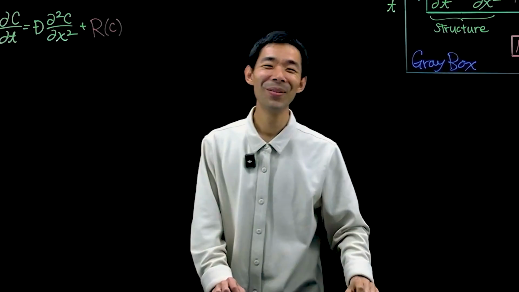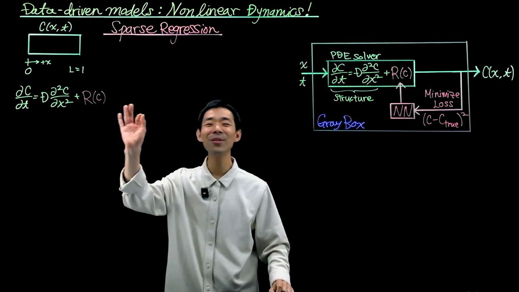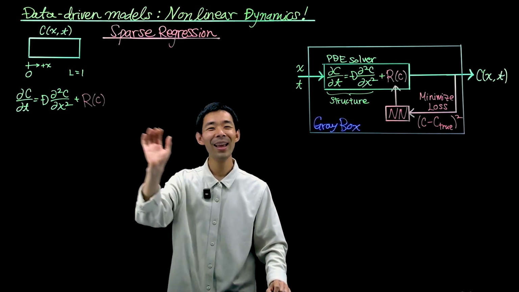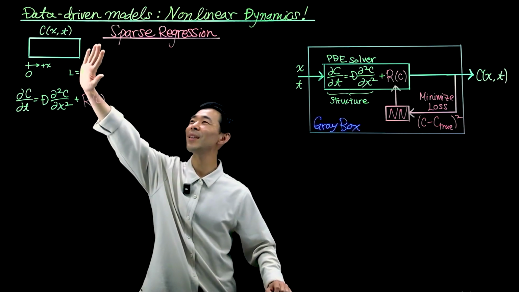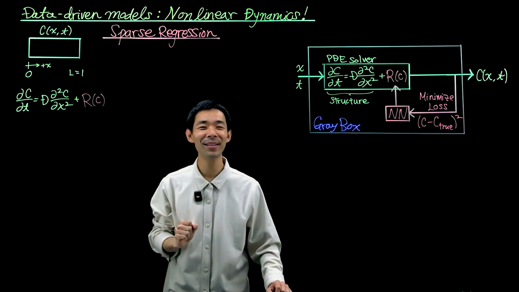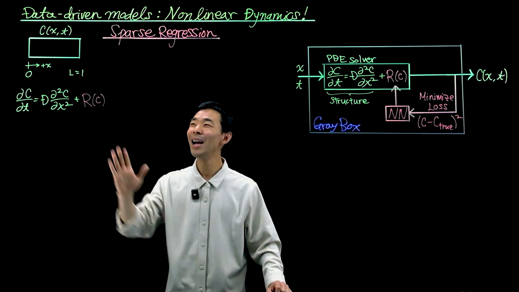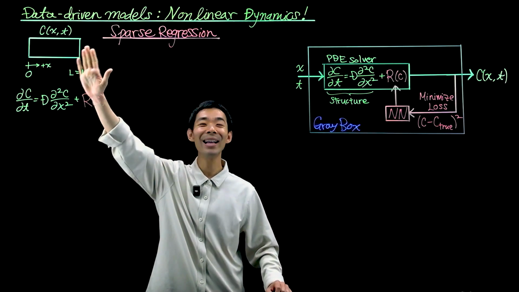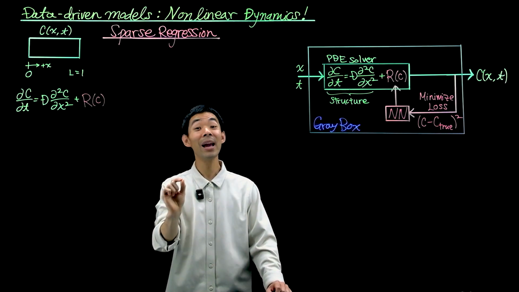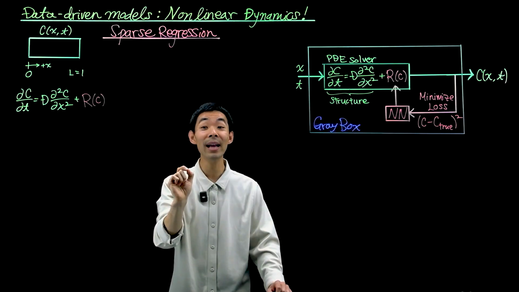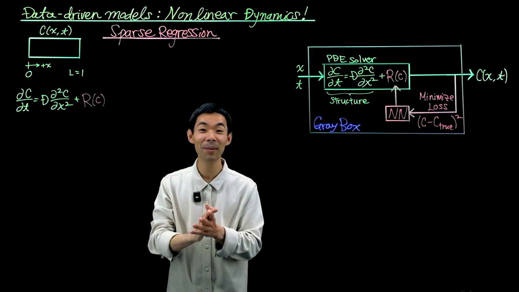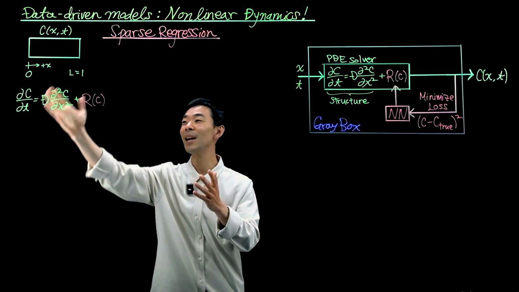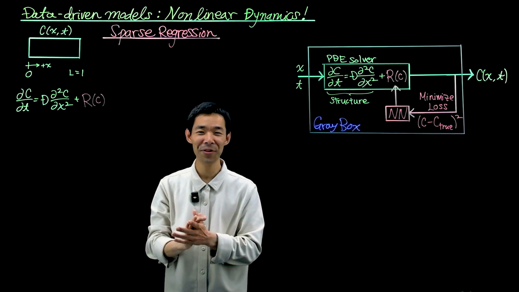And last time, we did something really exciting where we took the diffusion reaction equation, and in particular, we considered data of chemical concentration of some species as a function of position and time. And we asked, can we purely use that data that you've collected experimentally to discover a partial differential equation?